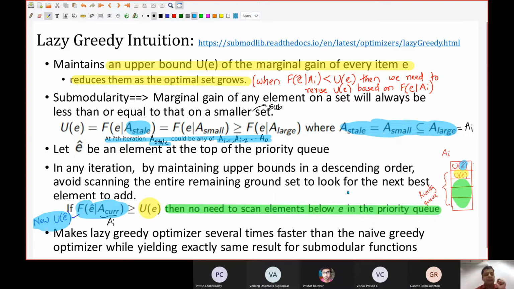We are not approximating f of E given A current, which we have to compute for the top of the queue. But we are comparing it with an upper bound on the marginal conditional gains of other elements in the list. So the upper bound is used as a proxy. If you're better than the upper bound, you're obviously better than the original function. Is this clear? The original function-based conditional gain.